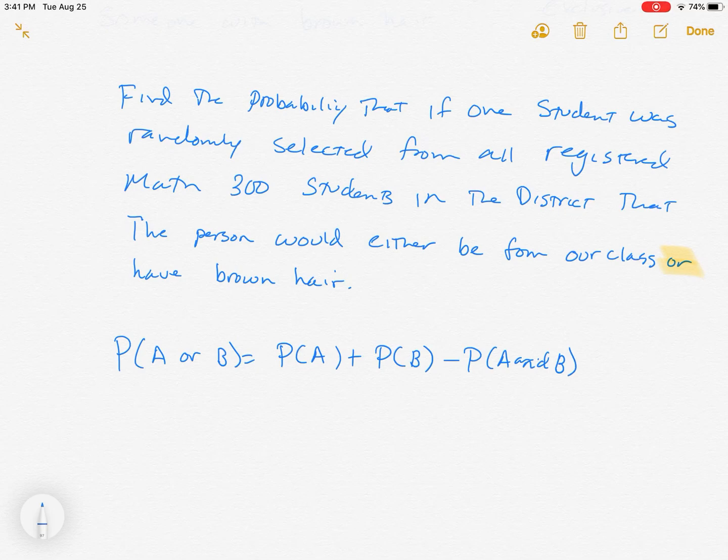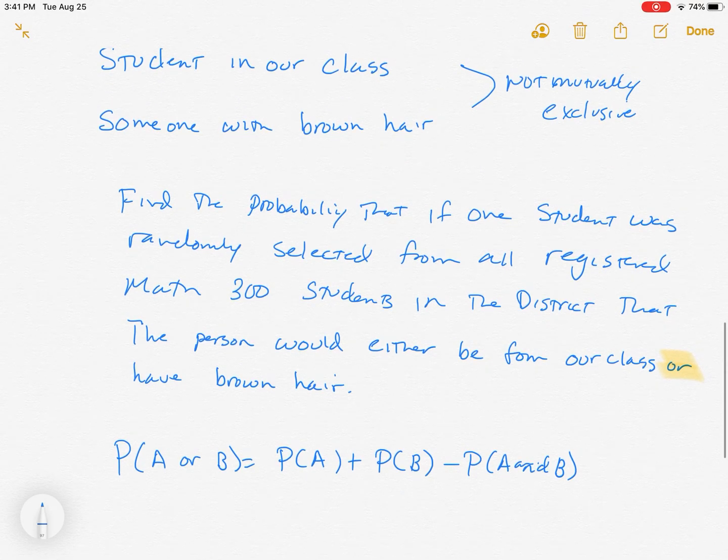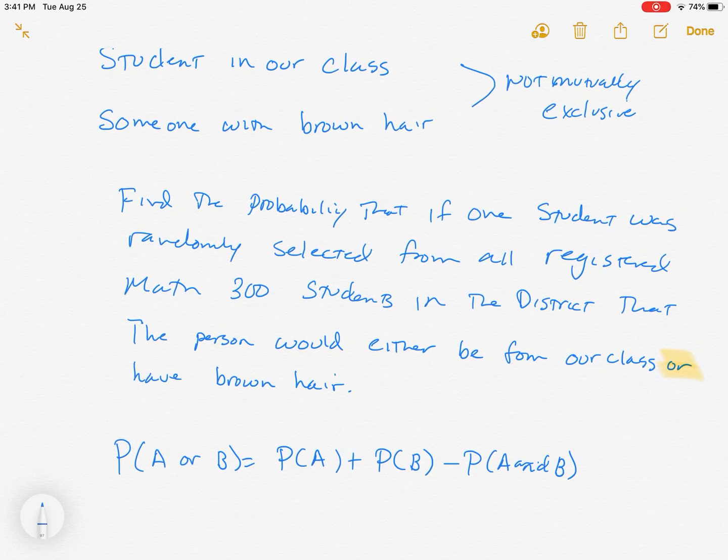So for us, A is a student in our class. So we want to know whether the person's a student in our class. I'll just put our class. And B is conveniently brown hair. So A represents our class because everybody's going to get an A. B represents brown hair for obvious reasons.